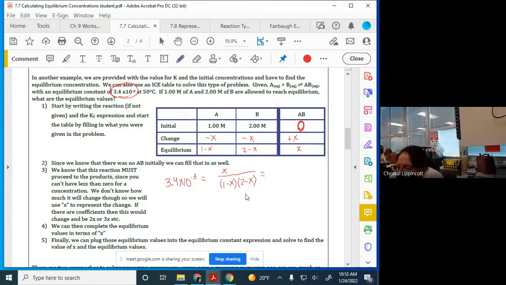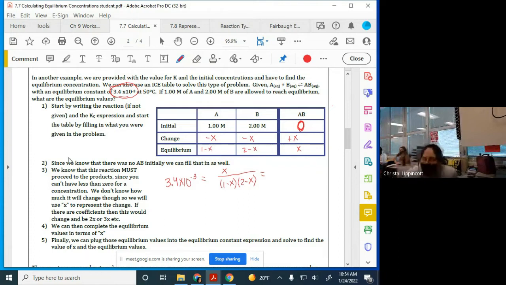So the other thing is that we have a rule that we can eliminate x. Certain times you can ignore or eliminate x. Do you see the x here? Do you see the x here?